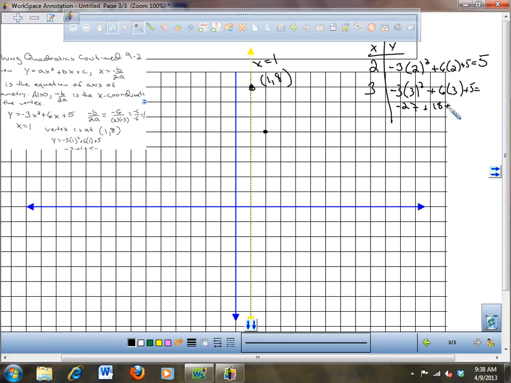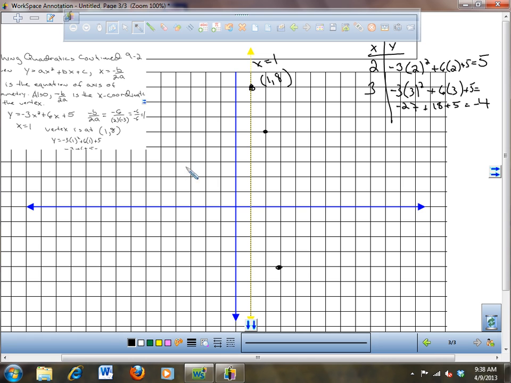Plus 5, which is negative 27 plus 18 makes negative 9. Plus 5 is, I believe, negative 4. So what that tells me is I have another point on this graph, 3, comma, negative 4. So I'm going to come over here, 3, and down 1, 2, 3, 4, and put a point there.